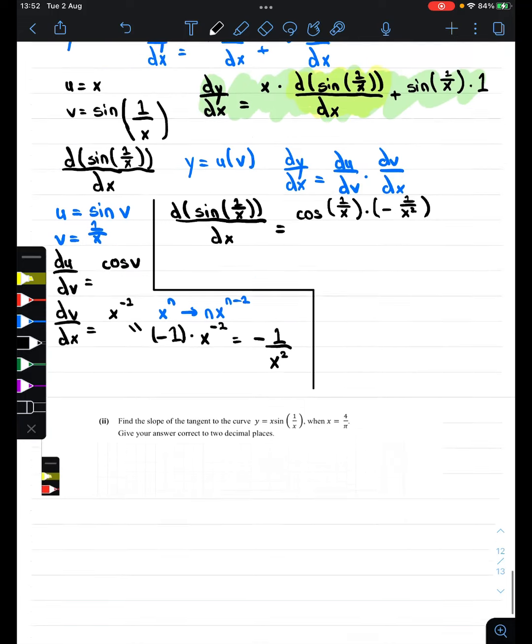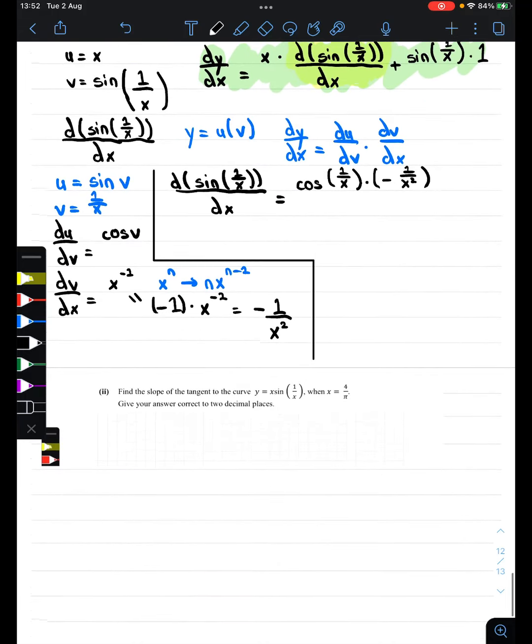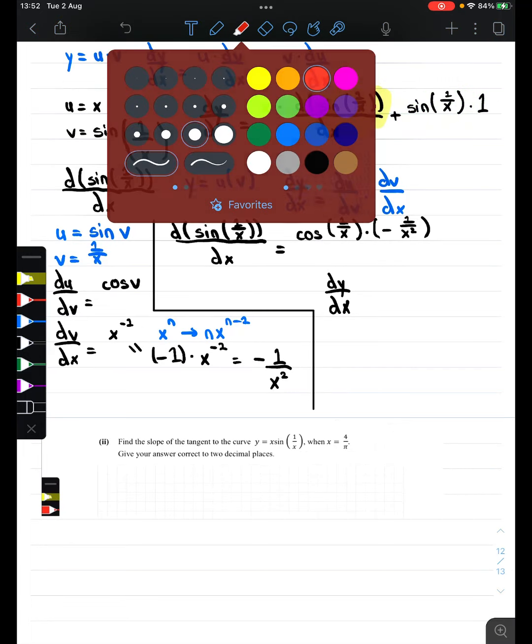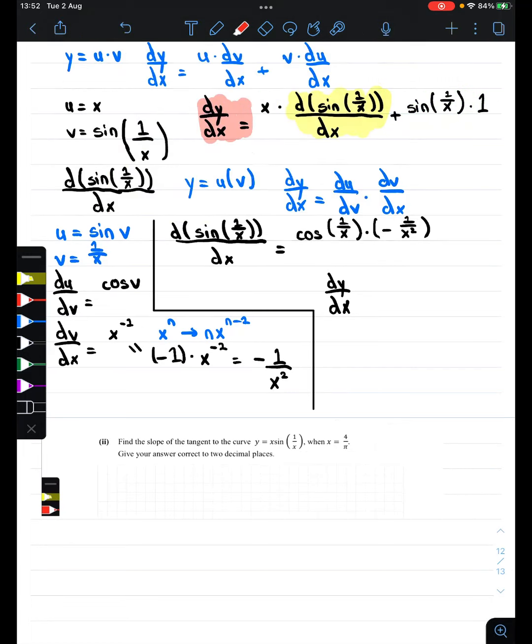Okay, and so now we'll go back to dy/dx, that's our expression in green here, our expression in red here. So we're going to use this expression that we have for dy/dx, because we know all the values here.